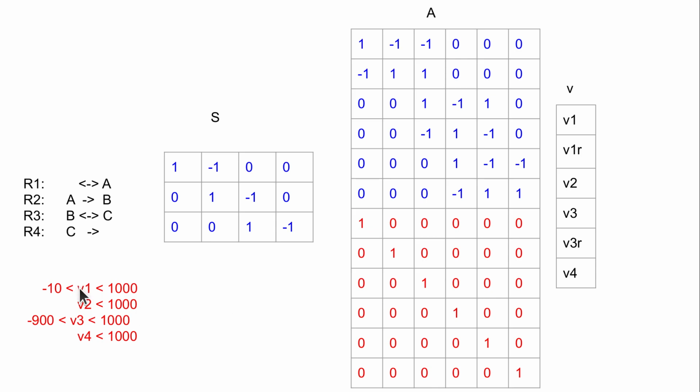So for instance, if our real v1 is between minus 10 and 1000, since our virtual v1 here is unidirectional, we can set this to be bounded at less than 1000. It's necessarily positive, and then v1r has to be less than 10.